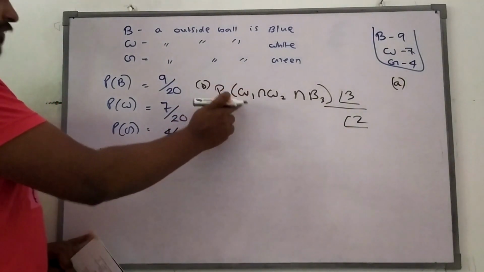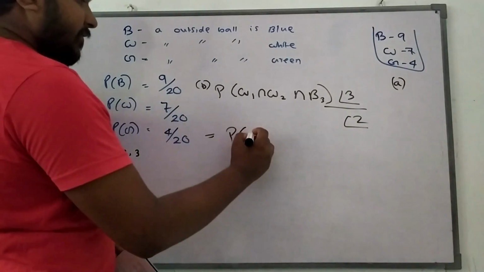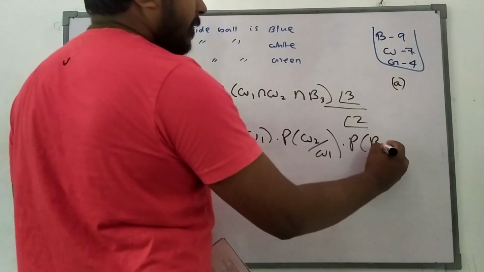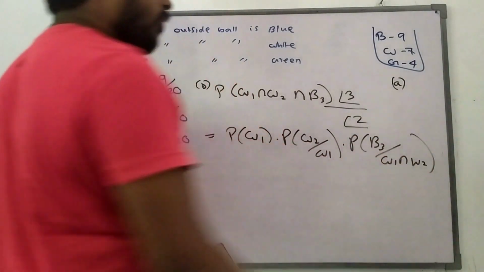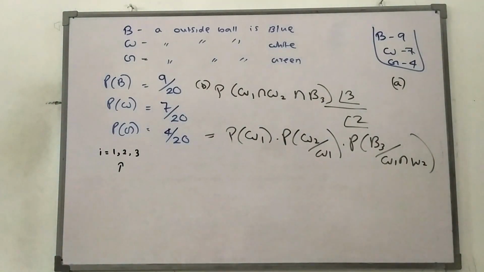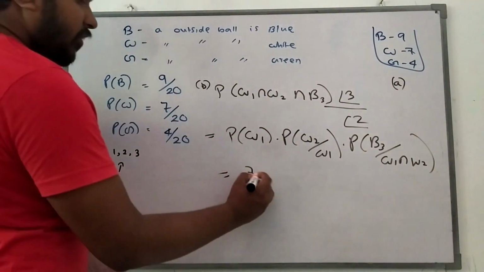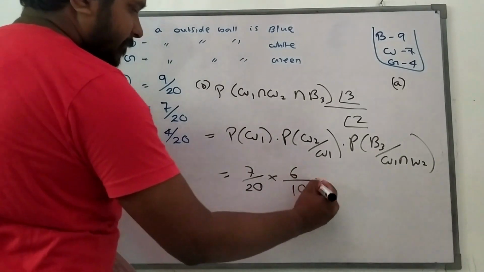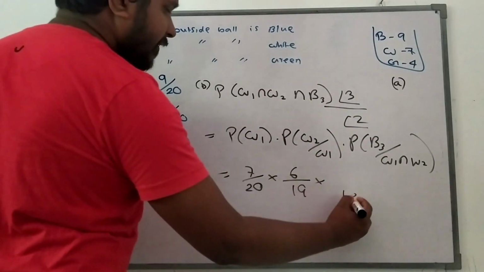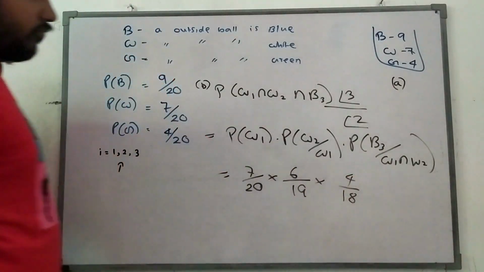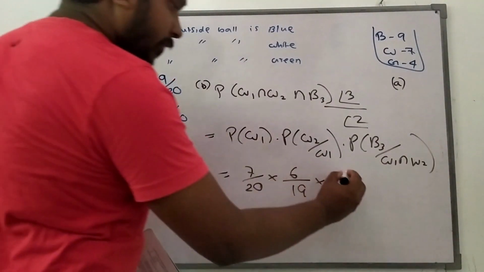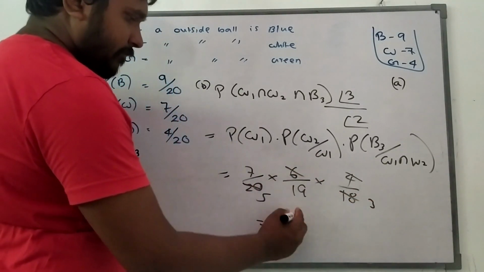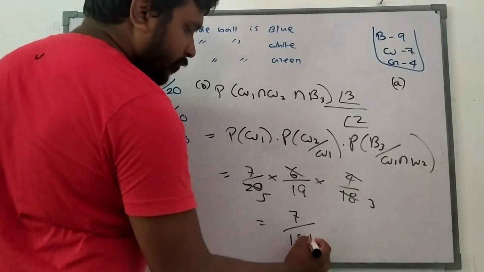So the first white ball W1 and W2 happen, and then B3 after white 1 and white 2 happened. The probability of being a white ball is 7 over 20, and white again is 6 over 19, and again blue is 9 over 18, so now it's cancelled. 3 into 5 over 19.